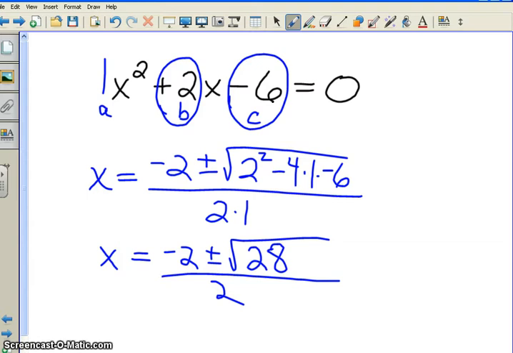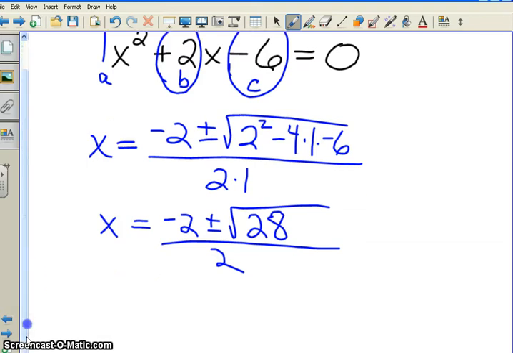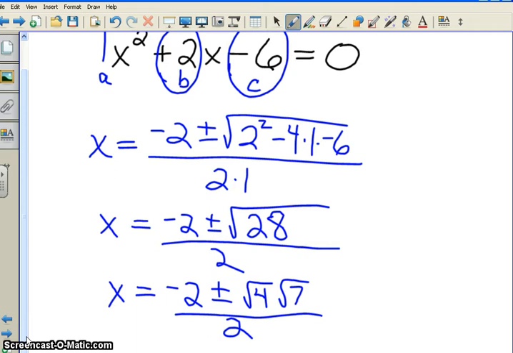It looks like we could attack that radical 28, though, and simplify this a bit. Radical 28 would be the same thing as radical 4, radical 7. And radical 4, that perfect square, is really a 2.